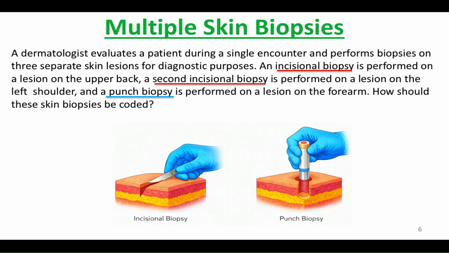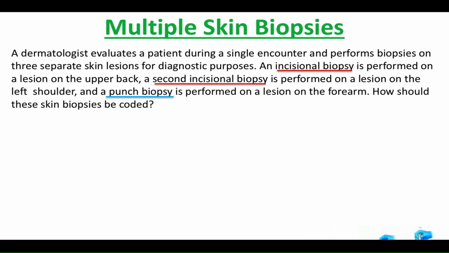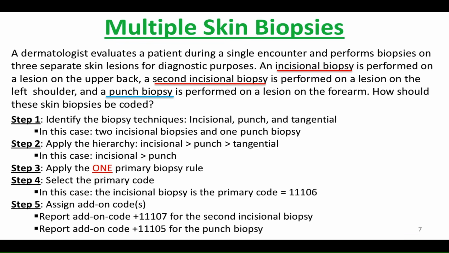Alright, let's see how you did. Let's walk through this step by step. First, identify the biopsy technique. CPT recognizes incisional, punch, and tangential biopsies. In this case, 2 incisional biopsies and 1 punch biopsy were performed.